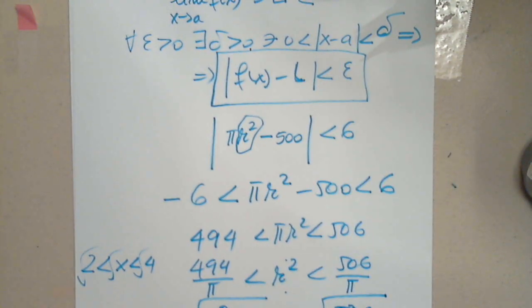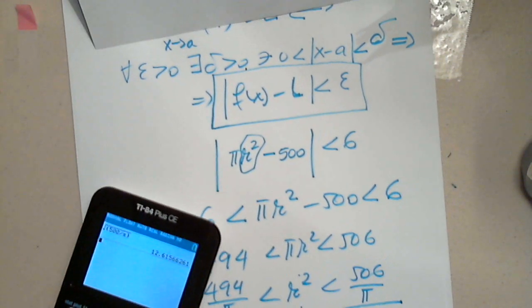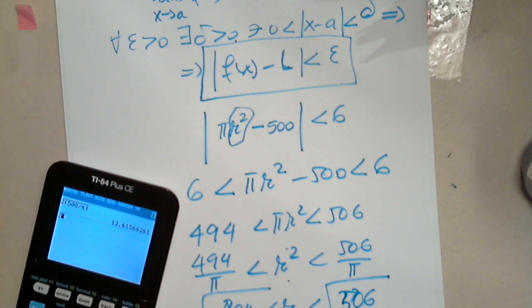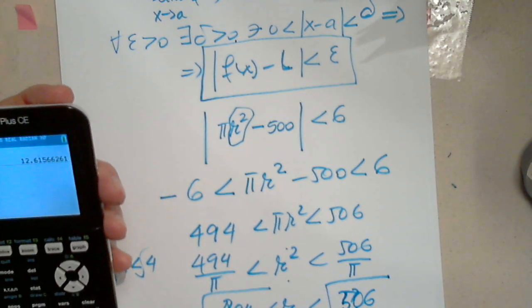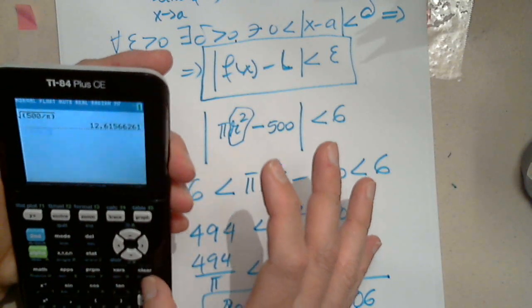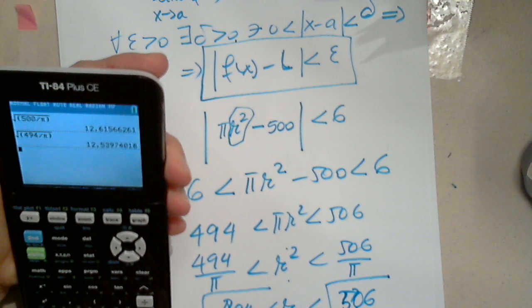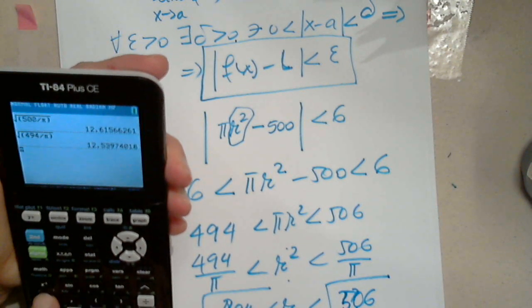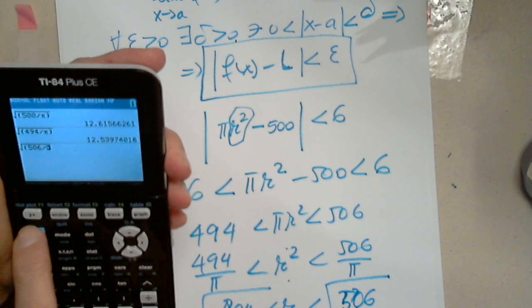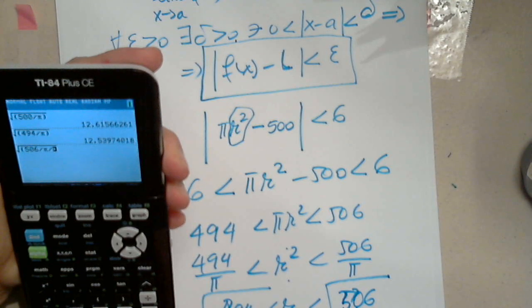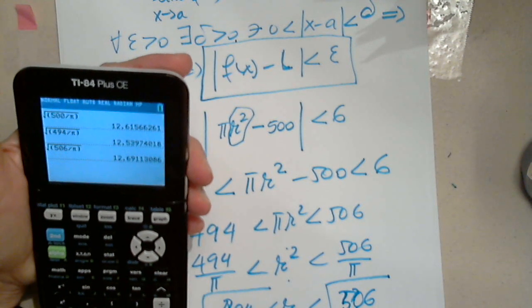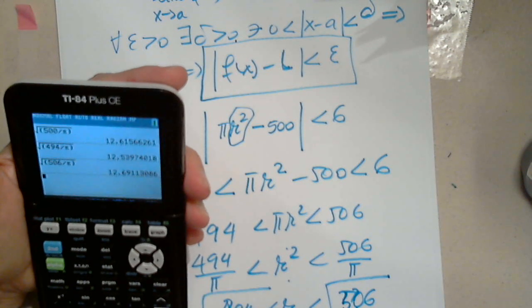I will take the square root of 494 divided by pi, and the other one, 506 divided by pi. What do they want? They want 4 decimal places.